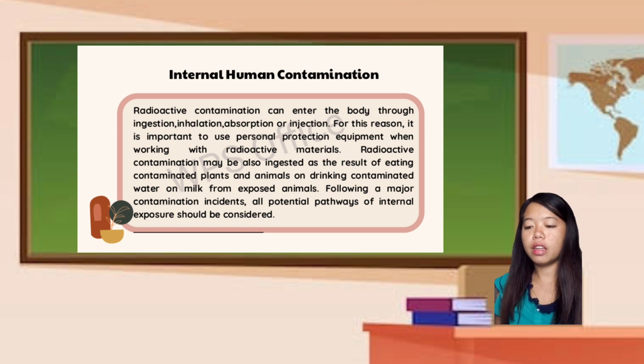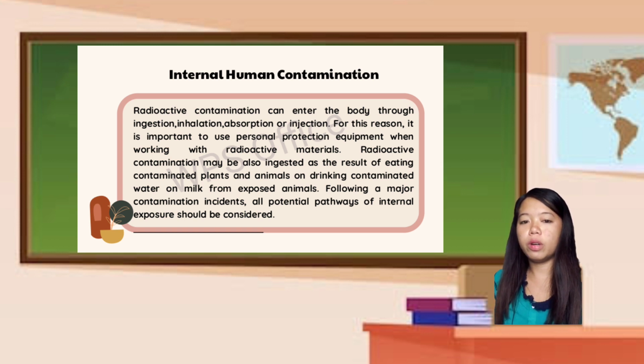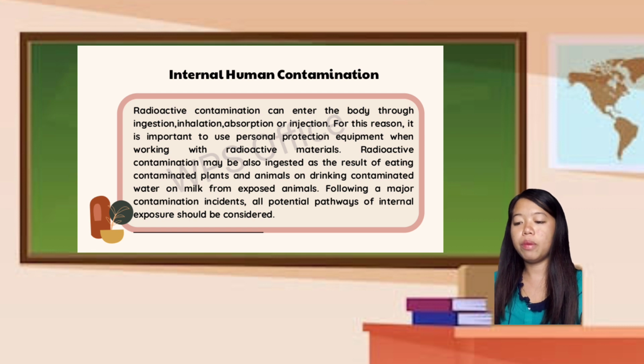After a significant radioactive contamination event, we need to consider all the possible ways that radioactive materials could enter our bodies. By understanding these potential pathways, we can take appropriate measures to minimize the risk of internal exposure and keep ourselves safe from the harmful effects of radiation.